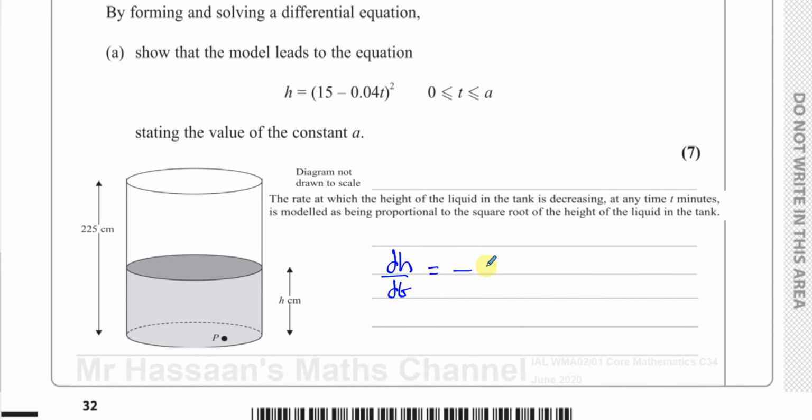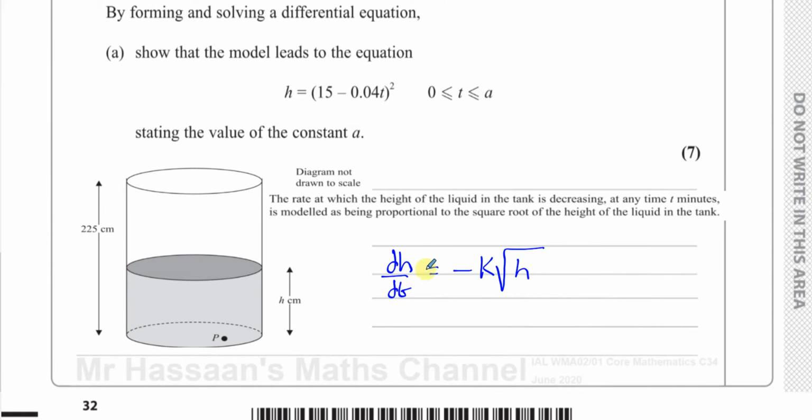If it's proportional to something, it's equal to a constant times that thing. So dh/dt is minus k times the square root of the height of the water in the tank.